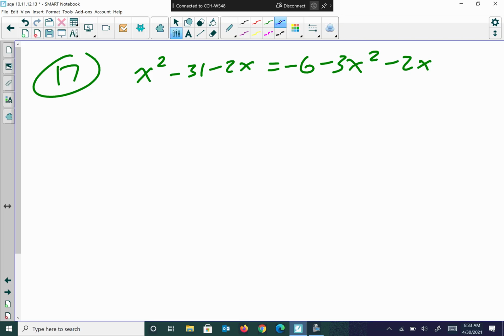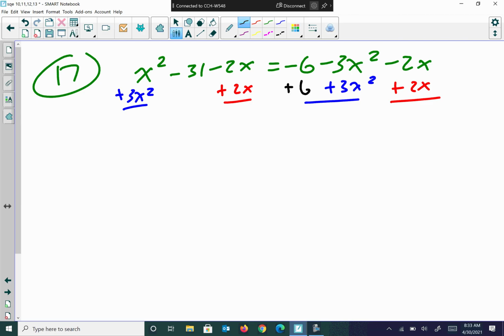So no matter which side we pick, we're going to have to move 3 things to make one side 0. Dan's already upset by that matter. So I'm going to add 3x squared. I'm going to add 2x. And I'm also going to add 6.